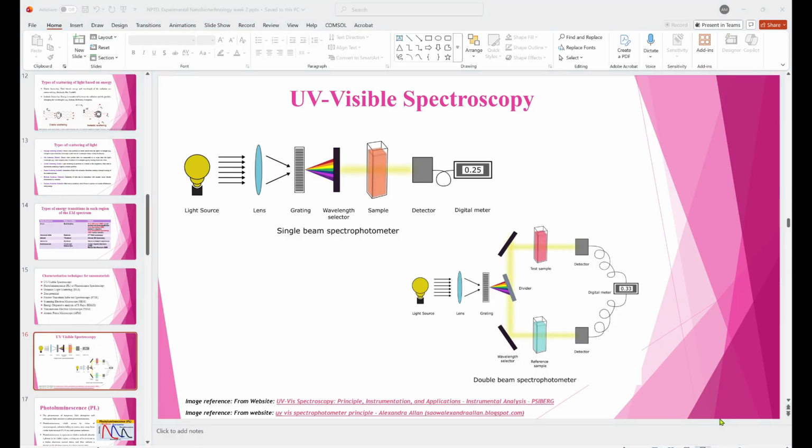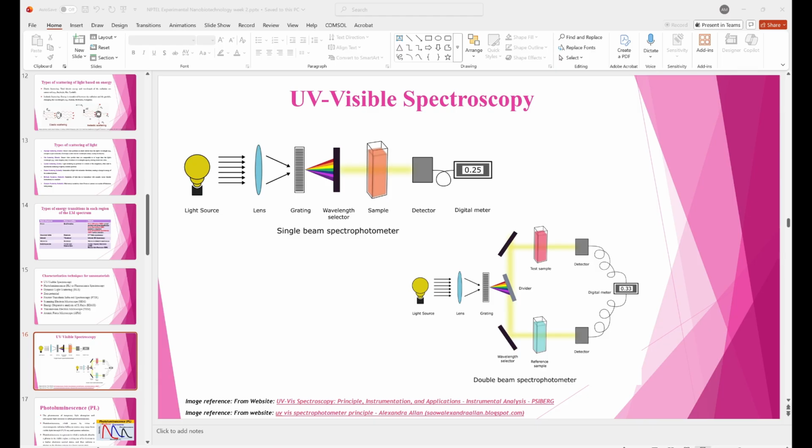Okay. So UV visible spectroscopy, single beam means you have a light source, then you have a lens, grating, and then a grating or a prism, and then you have the wavelength selector. So the prism basically splits the white light into the visible spectrum, and then you will select a particular wavelength and allow it to pass through the wavelength selector and through your sample.